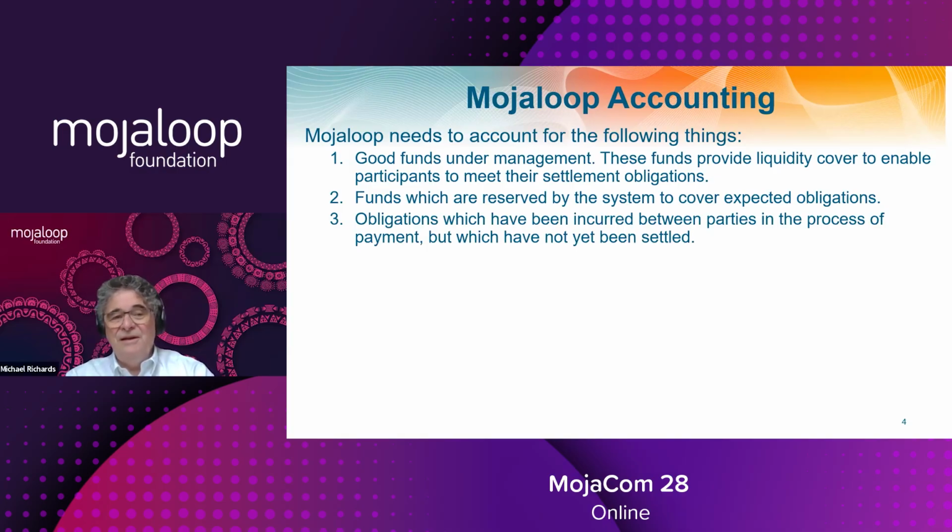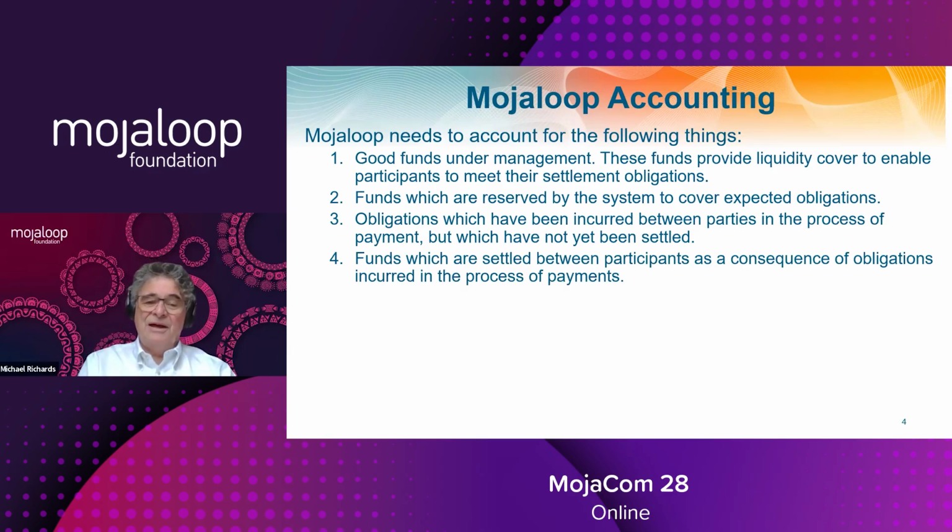Third, we need to account for obligations which have been incurred in the process of payment, which have not yet been settled. So these are things where payments have been completed, obligations have been created, party A owes this amount, party B is owed that amount. But those funds have not yet been settled. They are obligations that will be settled.